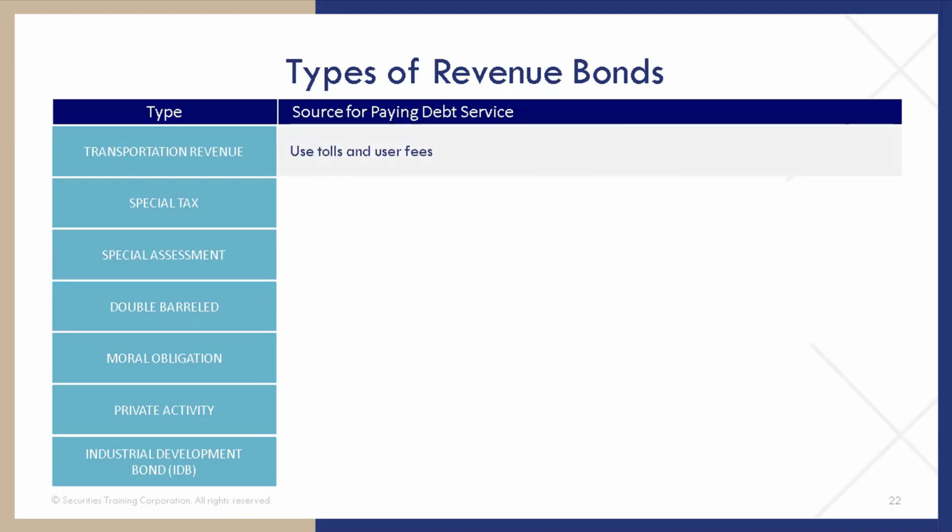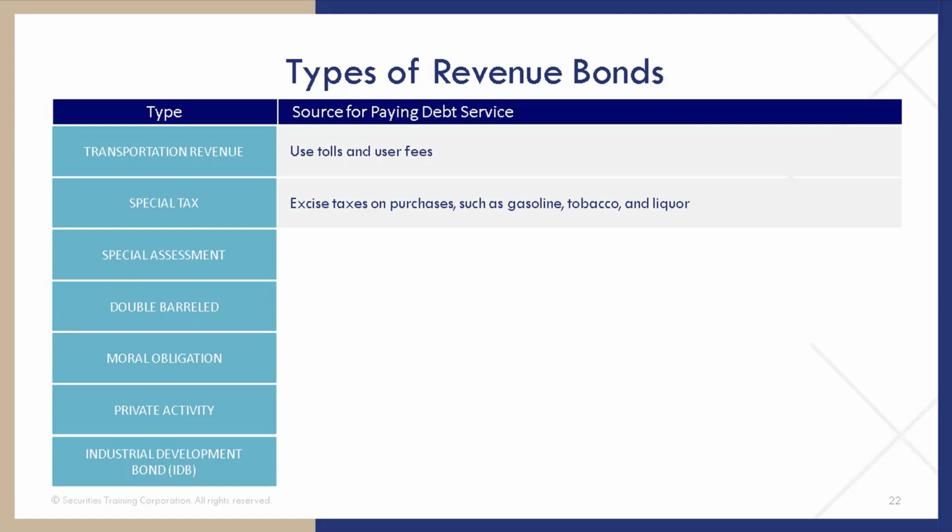So transportation revenue bonds are generally backed by user tolls and user fees. They're also used to finance things like train systems and subway systems. Special tax bonds are backed by one specific tax. A good example might be a gasoline tax that the state collects, or a tobacco tax, or an extra excise tax that they have on alcohol.